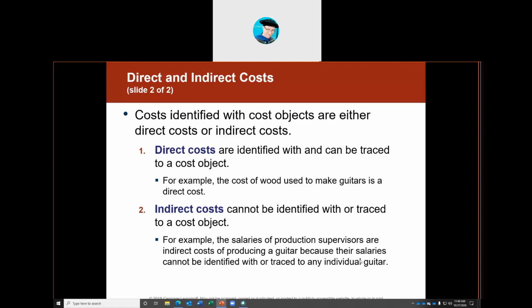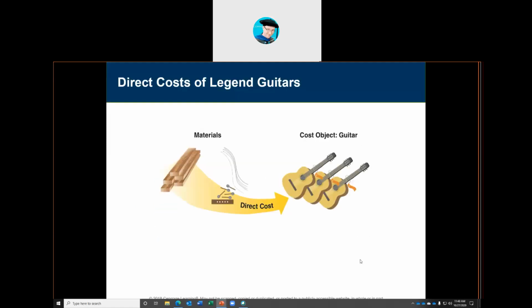Okay. So let's keep going. So here is an illustration of direct costs. We have our direct materials. Again, our raw materials, our wood, our metal components, our string.